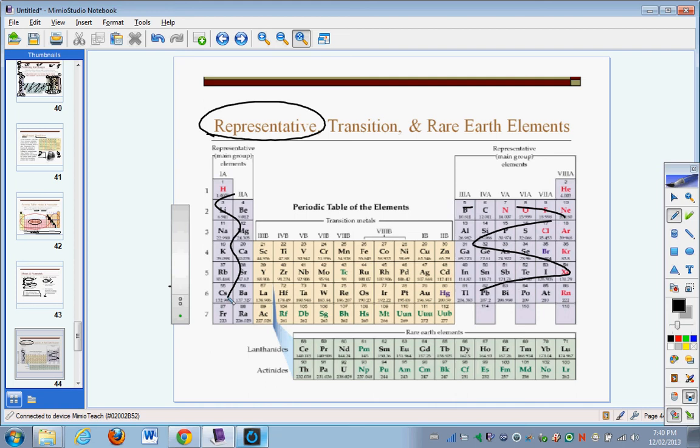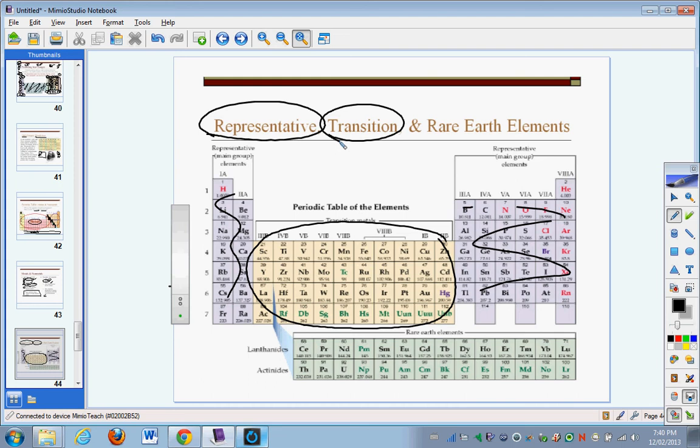That's not a very common term, but you should know it. Everything in the middle, here's a really important term. Everything that's here in yellow is called a transition metal. Not just a transition element, but a transition metal. Make sure you know that name.